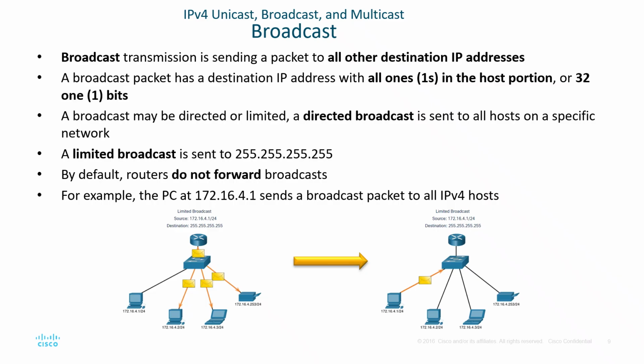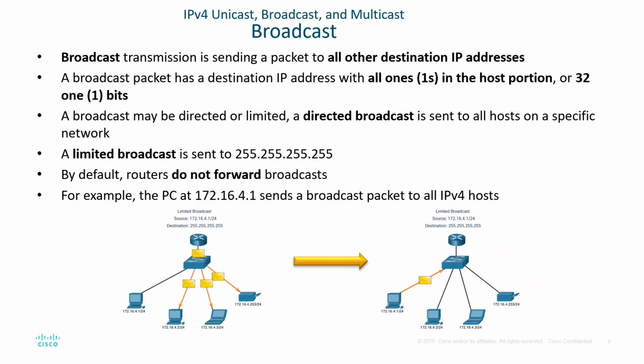By default, your routers will not pass a broadcast. They will receive one, and it does not mean that they don't use them. They certainly do for certain things that we'll talk about going further along, but they will not receive a broadcast and then pass it along to another router. For example, the PC at 172.16.4.1 sends a broadcast to all IP addresses.